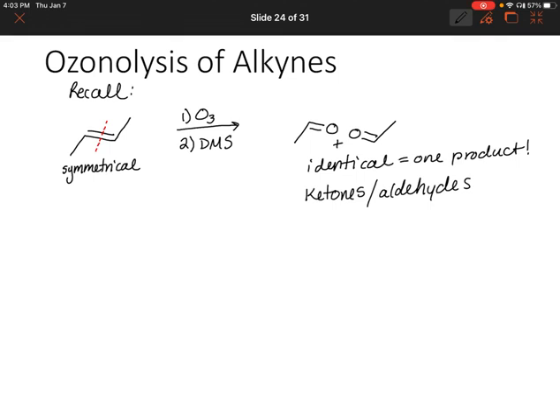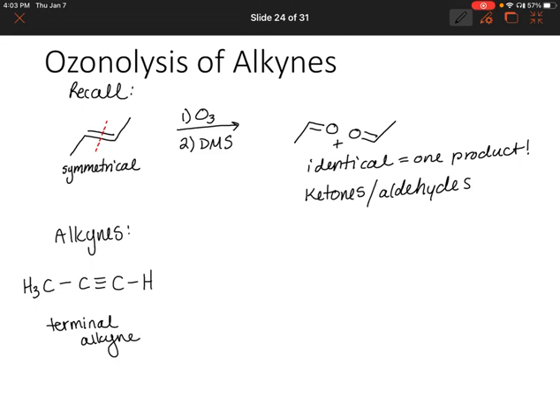Okay, so what happens if we do the same reaction to an alkyne? So let's just use our handy dandy terminal alkyne here. All right, and then we're going to perform ozonolysis.